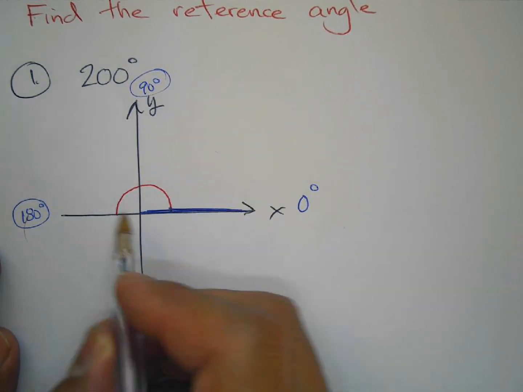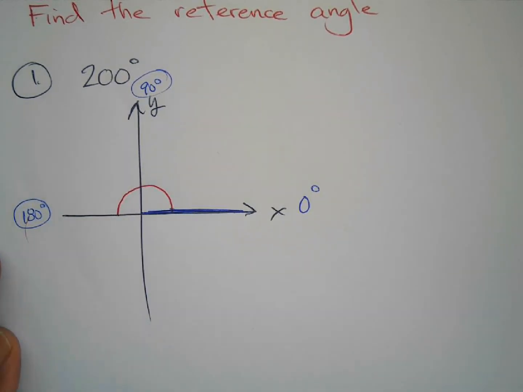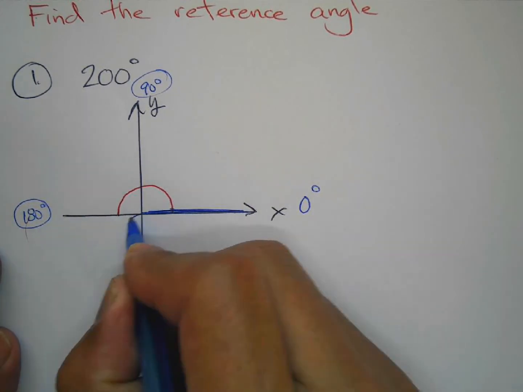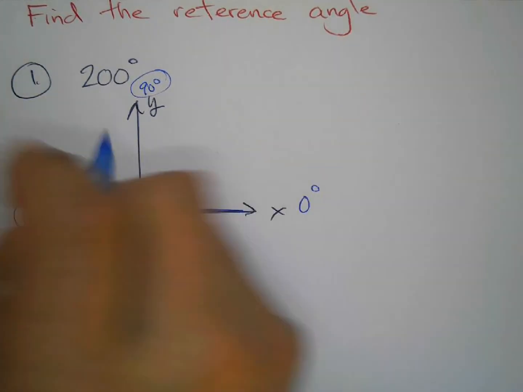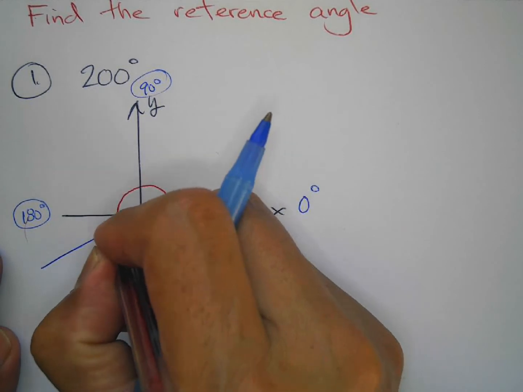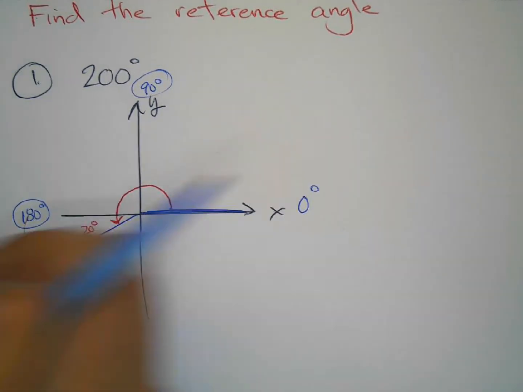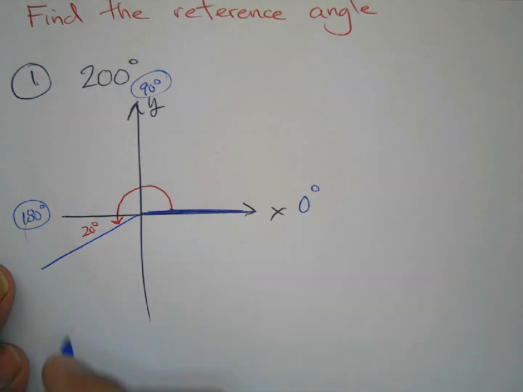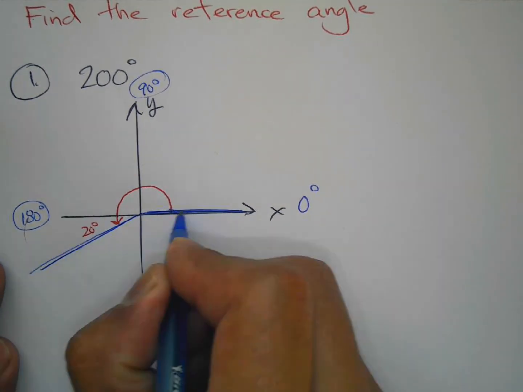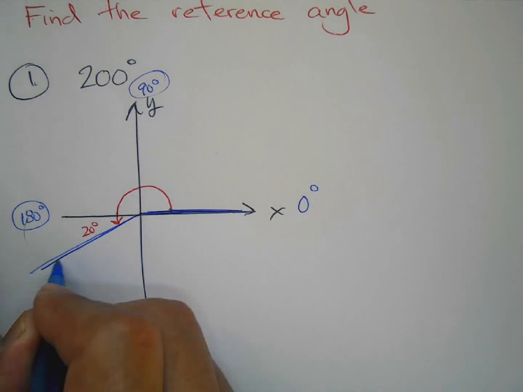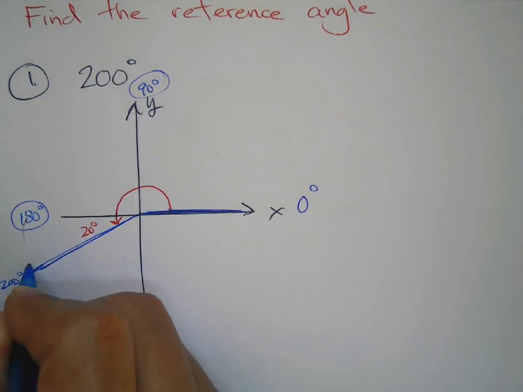That's already 180 up to there, so how much more do you need? Well, obviously 20 more, right? 180 plus 20 more degrees. That means that this, all the way up to here, this angle is your 200 degrees.